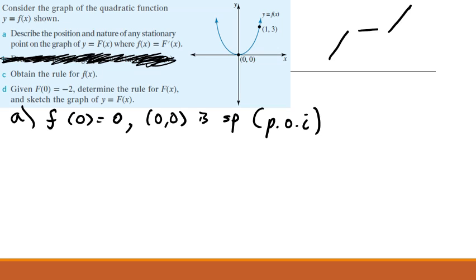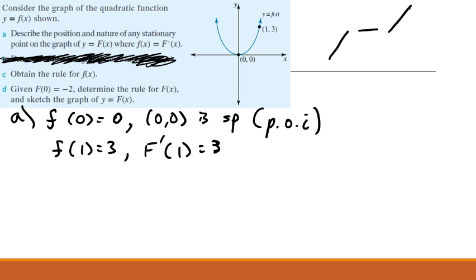This is a sign diagram for it. This is not the actual graph. That's all I was saying, this is confusing. What's the other point that's given on there? So f dashed of 1 is equal to 3.